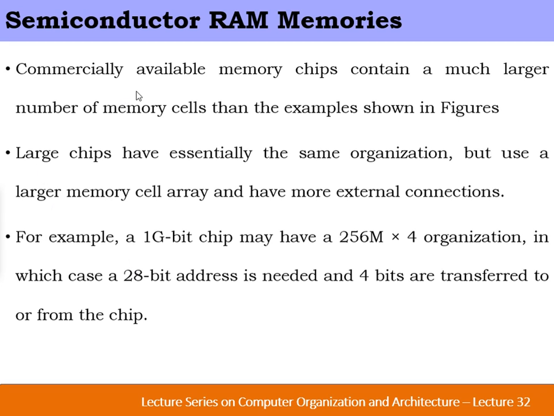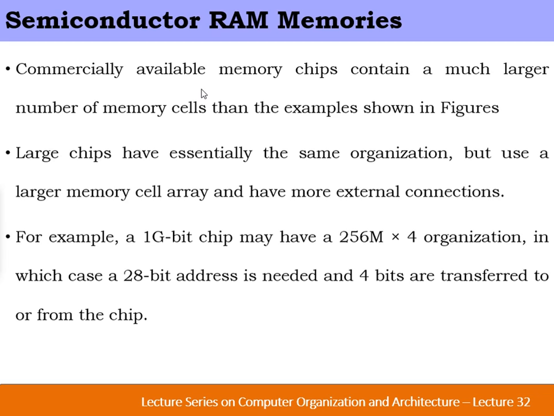Commercially available memory chips contain a much larger number of memory cells than what we have discussed in the examples. Commercially, the memory chip size will be larger. Large chips essentially have the same organization, but make use of a large memory cell array and have more external connections.